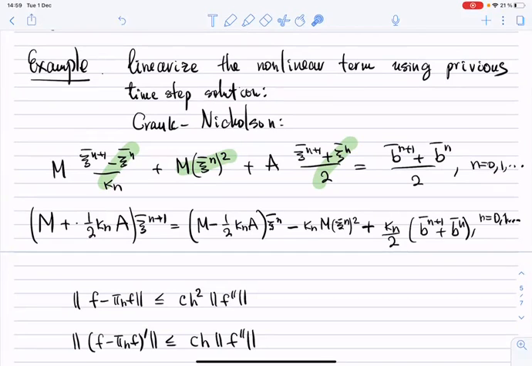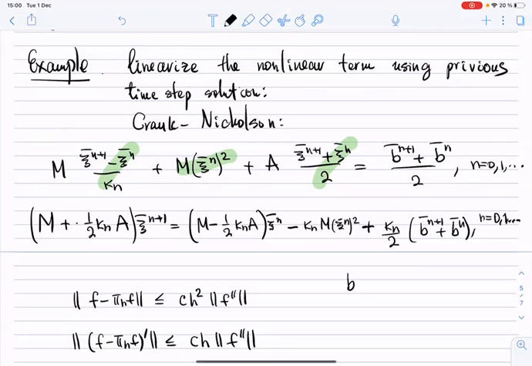Now that I asked, we are also supposed to get, even if b has this index n plus 1, right? Since b is known, we can still compute it. It's the same thing as bn, but with another time. Of course, because bn depends on f, right? Yes. bn depends on f, and f depends on time.